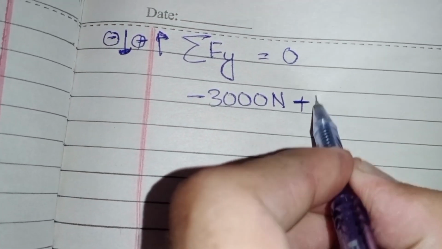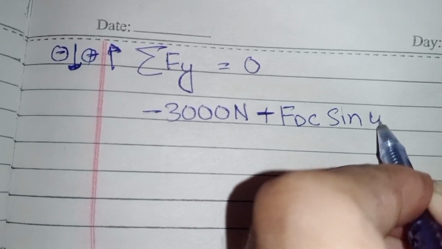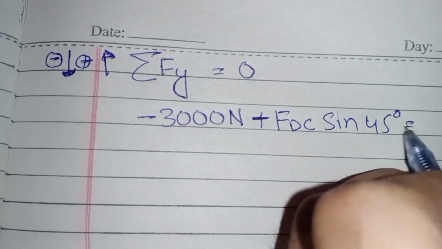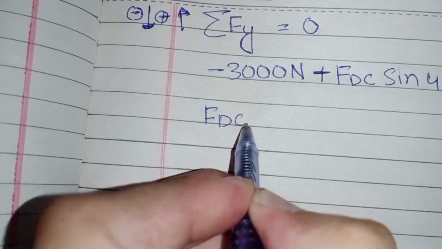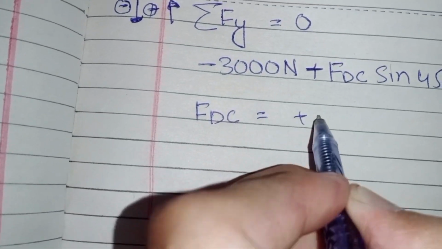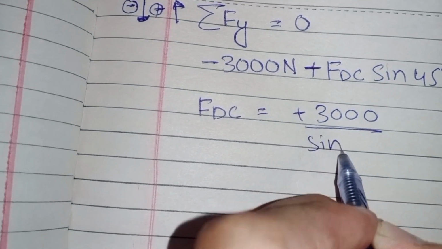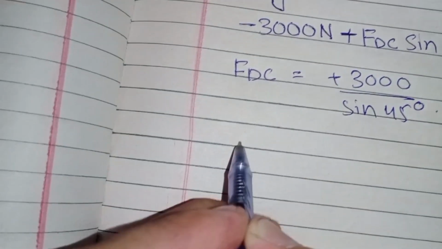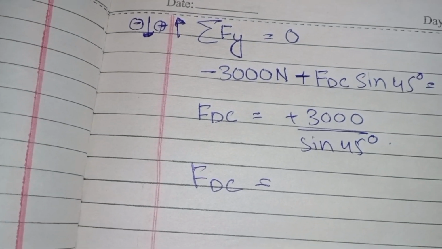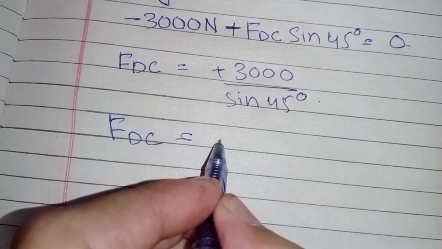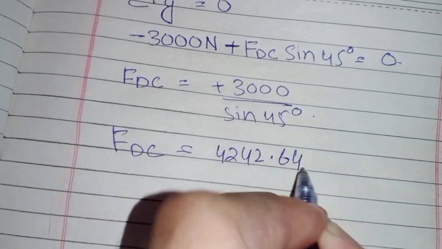So minus 3000 plus FDC sin 45 degree equal to 0. So FDC equal to plus 3000 divided by sin 45. If you calculate this, FDC equal to 4242.64 Newton.